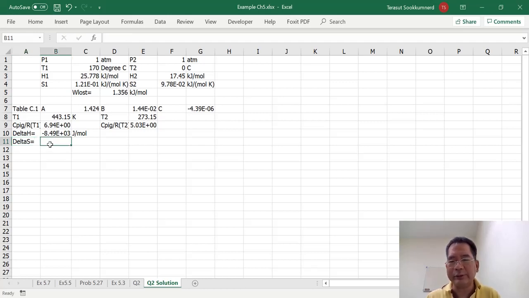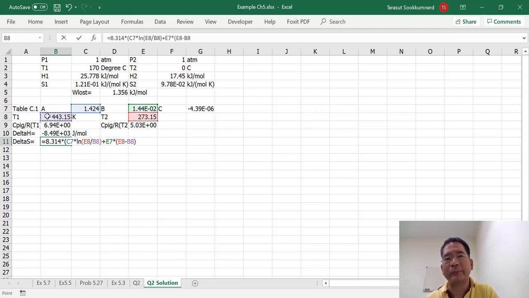So delta S will become 8.314 multiplied by A times natural log of T2 over T1 plus B multiplied by the difference between T2 and T1 plus C over 2 multiplied by T2 square minus T1 square.